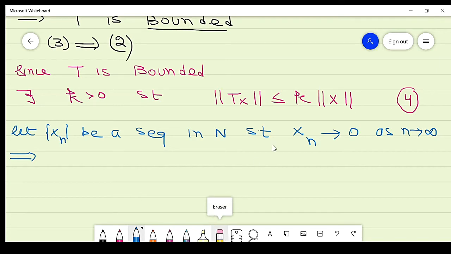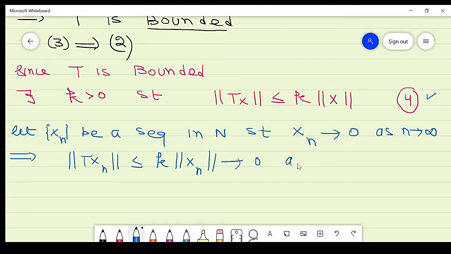Now, by using condition number 4, norm of Txn is less than or equal to k times norm of xn, right? Since xn approaches 0, this approaches 0 as n approaches infinity.